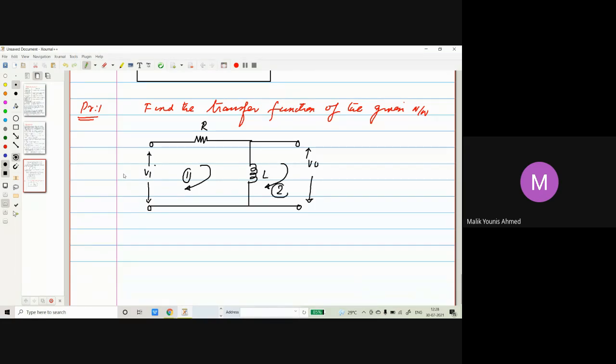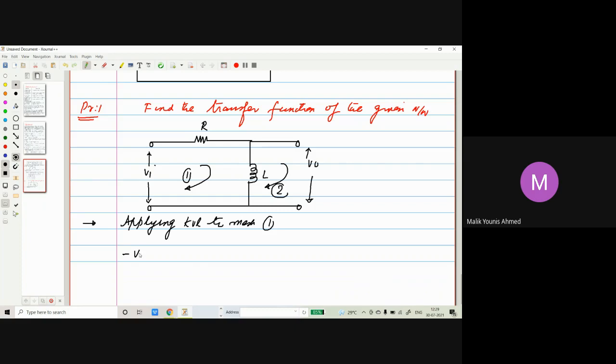Applying KVL to loop 1 or mesh 1. You can use KCL, no problem. Better to write mesh because there is no loop within it. Mesh 1. So how can we start?